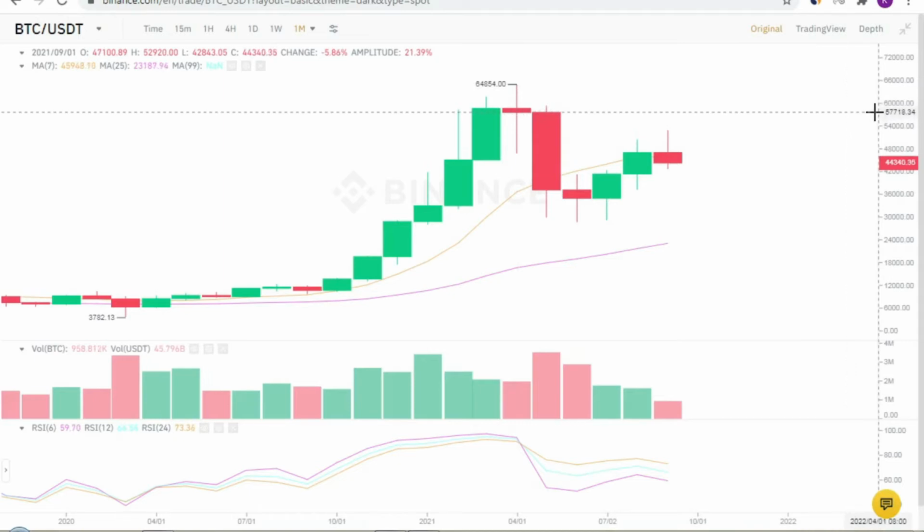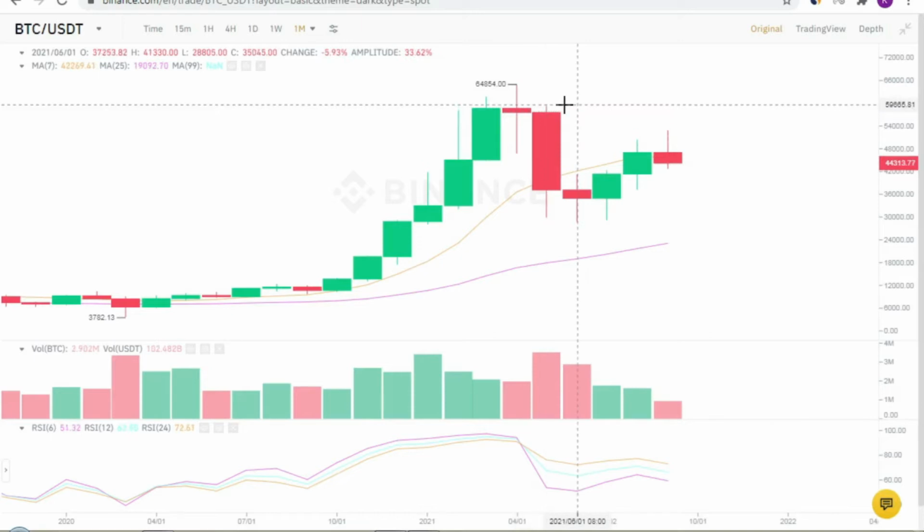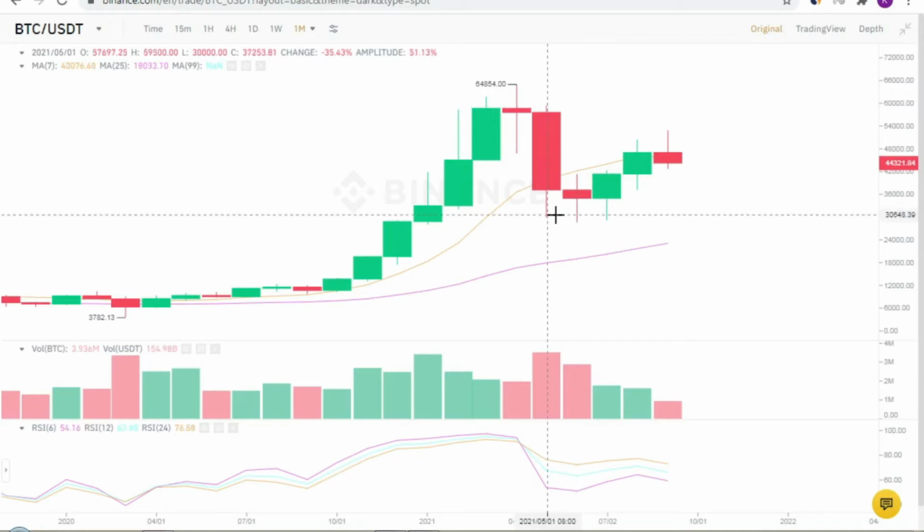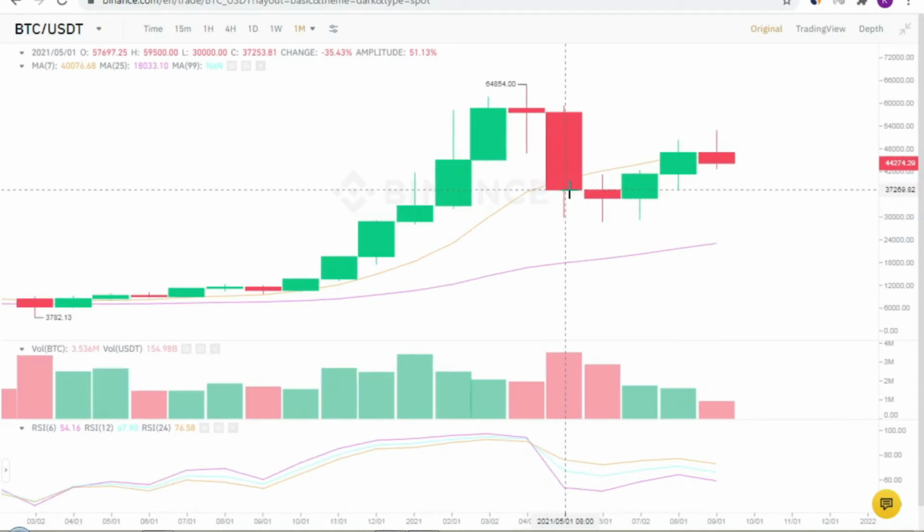Closed here at 57,000, went back up to 59,600, and came down here to $30,648. Now from here, a lot of people came into the market to buy because it was really cheap, and then it came back up and closed here at $37,269. Now that was done for the month of May.